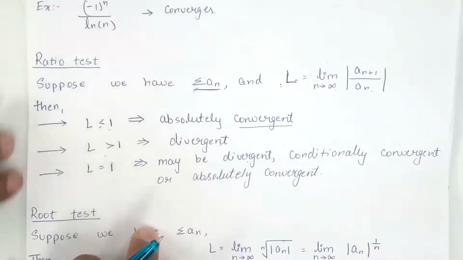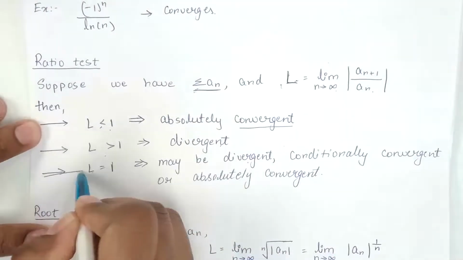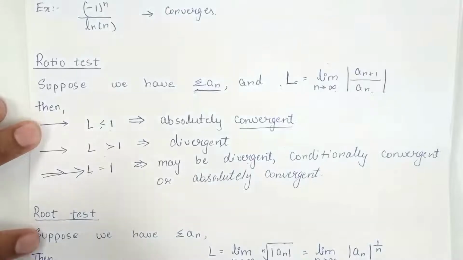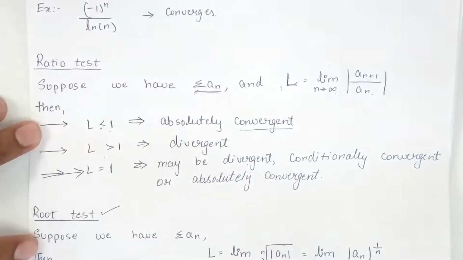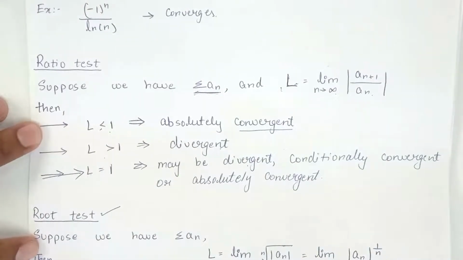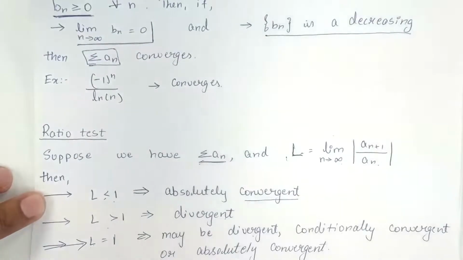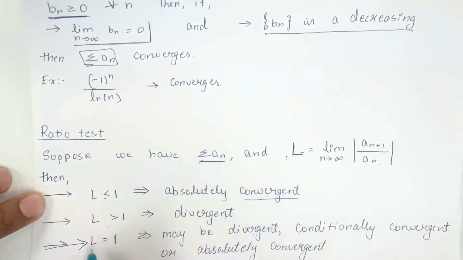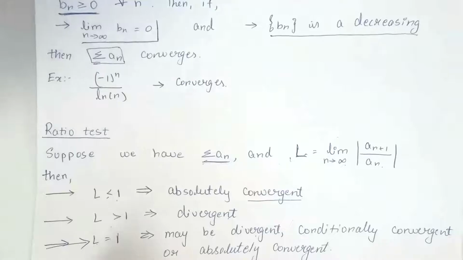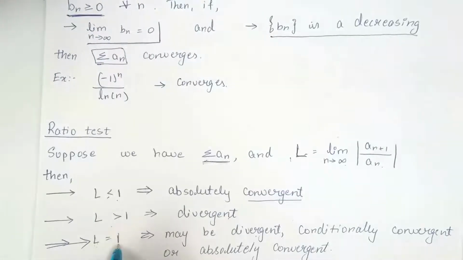Now, when you have this case, then you need to follow the root test, okay, to find out whether this is divergent or convergent. After applying the ratio test, you also have to apply the root test if you get L equal to 1.